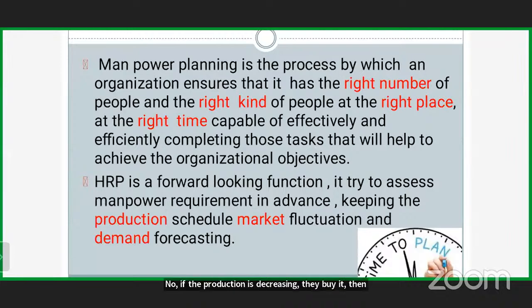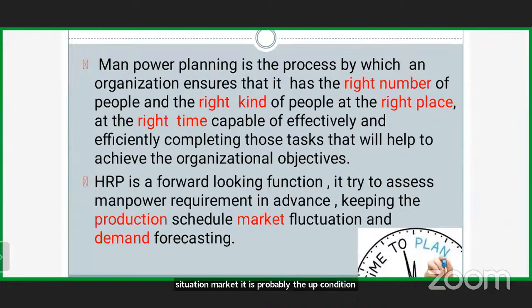And production, meaning the product, is completely based on market fluctuation. Sometimes the market is in an up condition, sometimes in a down condition. For example, during Corona the market was in a down condition, but in the present situation the market is purely in an up condition.